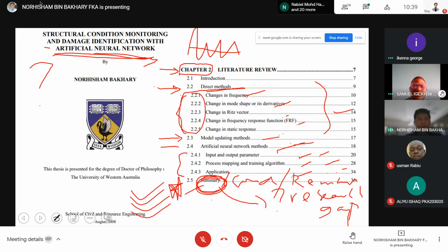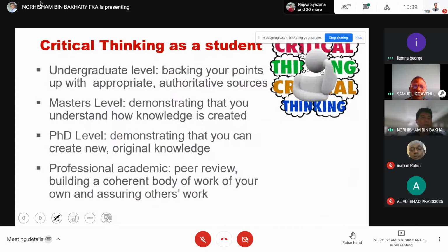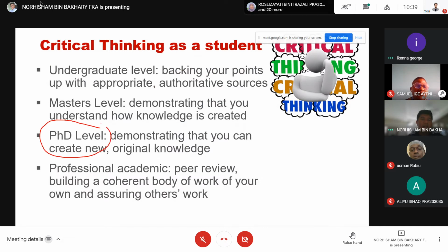Okay, so let me proceed, otherwise we cannot finish by 12. Now you are at PhD level. At undergraduate level, you basically just repeat someone else's work and that is good enough. For master's level, you must be able to understand how knowledge is created, you understand and apply, and that is good enough.